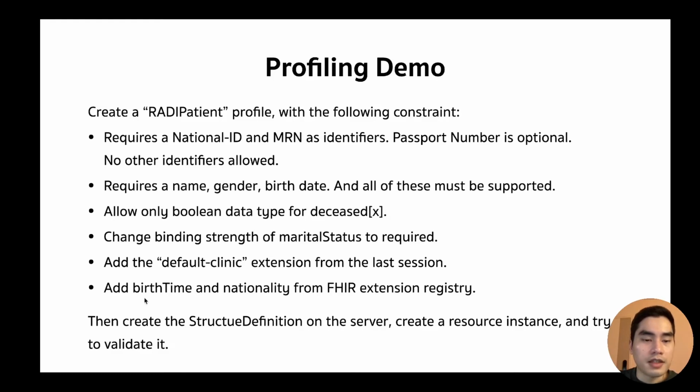After all of this, we will send the structure definition to the server, and we will create a resource instance, and we will try to validate it. But I haven't talked about validate yet, so that will be later.